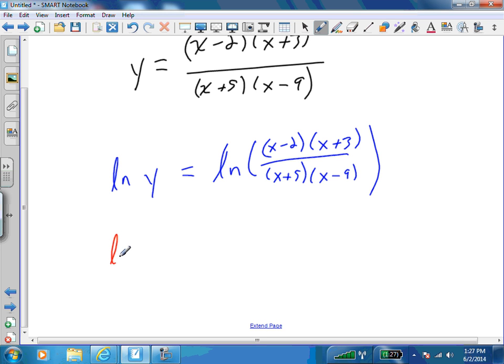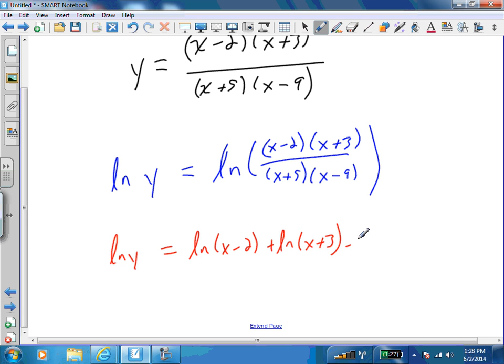Now, the good thing about this is on the right side, we have products and quotients. And from pre-cal, we have natural log of various factors. All the factors that are in the numerator, those are positive logs of whatever those factors are.